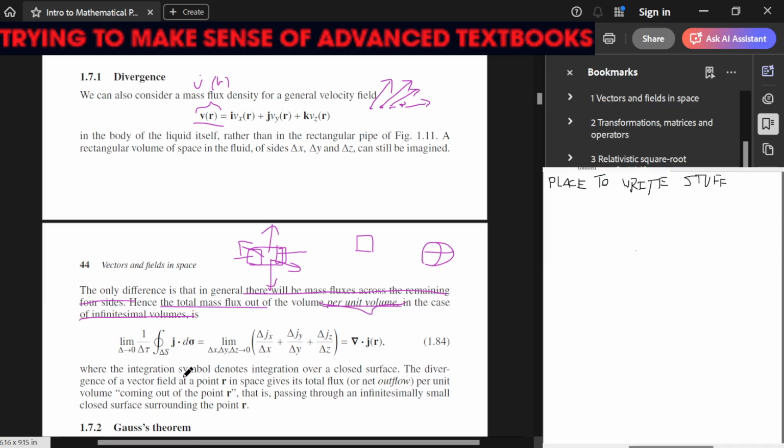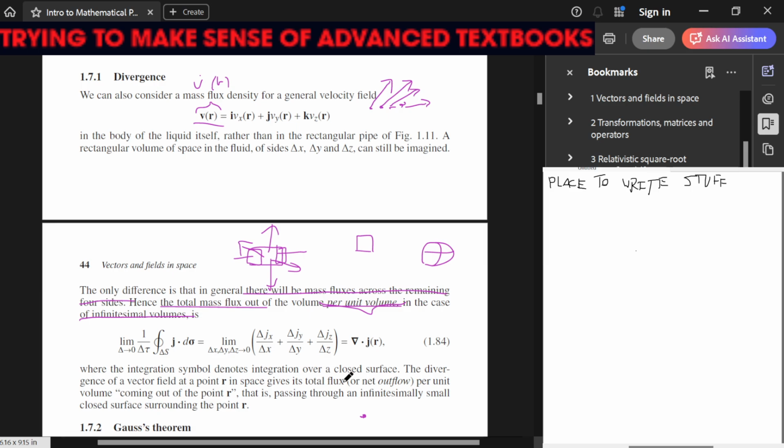The divergence of a vector field at point r in space gives its total flux, or net outflow, per unit volume coming out of the point r.